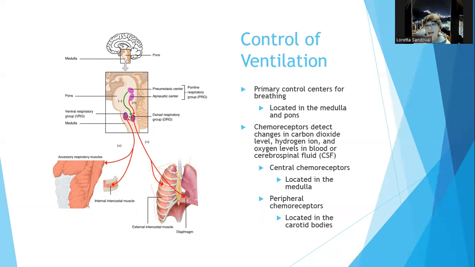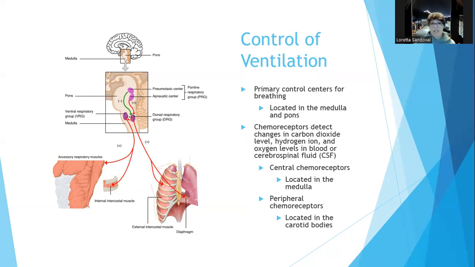So we talked about how the cardiac rate, the heart rate, is controlled by the nervous system, the sympathetic and parasympathetic nervous system. And strangely enough, the ventilation is also controlled by the nervous system. The primary control centers for breathing are located in, surprise, surprise, the brainstem, medulla oblongata and the pons.